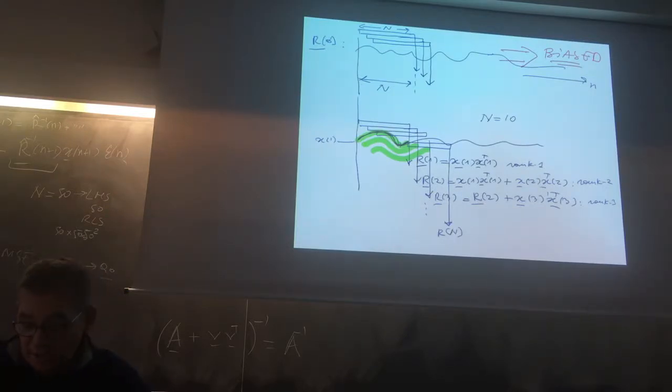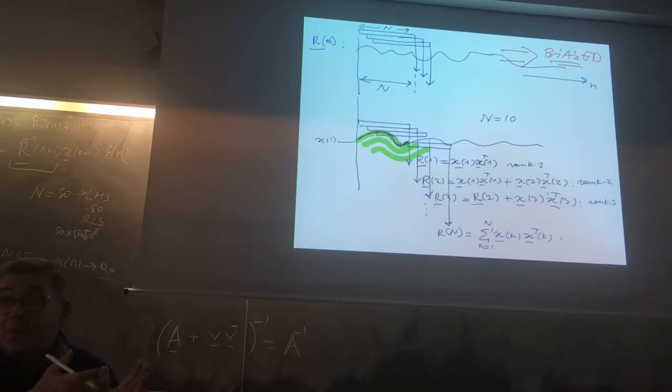Now, if I have Rn, then I have the sum for k equal 1 to capital N of x_k, x_k transpose. Since I sum n vectors, this one is rank n. But since the matrix is n times n, it is full rank.